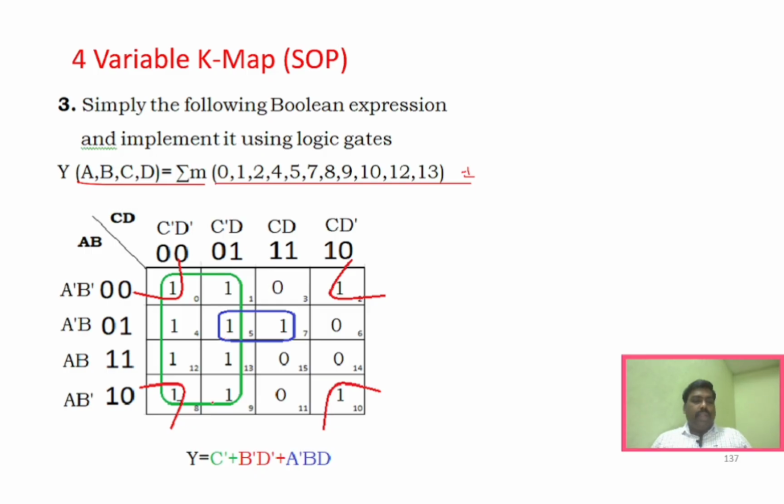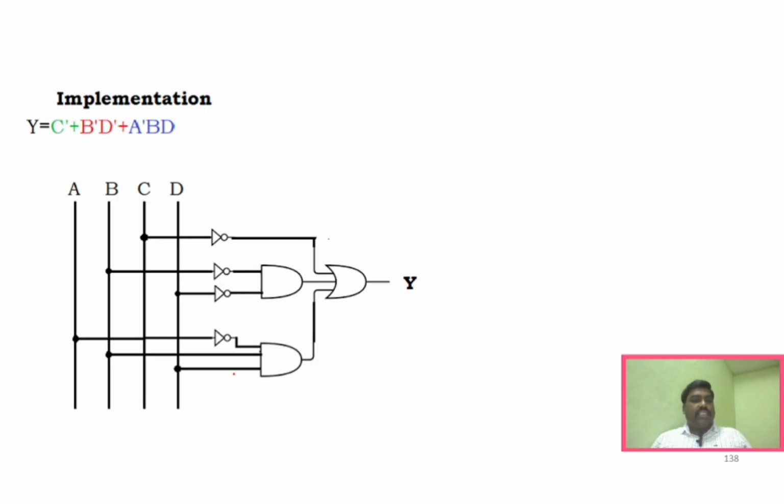So for this complete box, we obtained C bar. For these 4 corners, we obtained B bar D. And for these two boxes we obtain A bar B D, right? Same as I explained, and you can implement this using logic gates. You can see this is the same logic gate which we have derived.